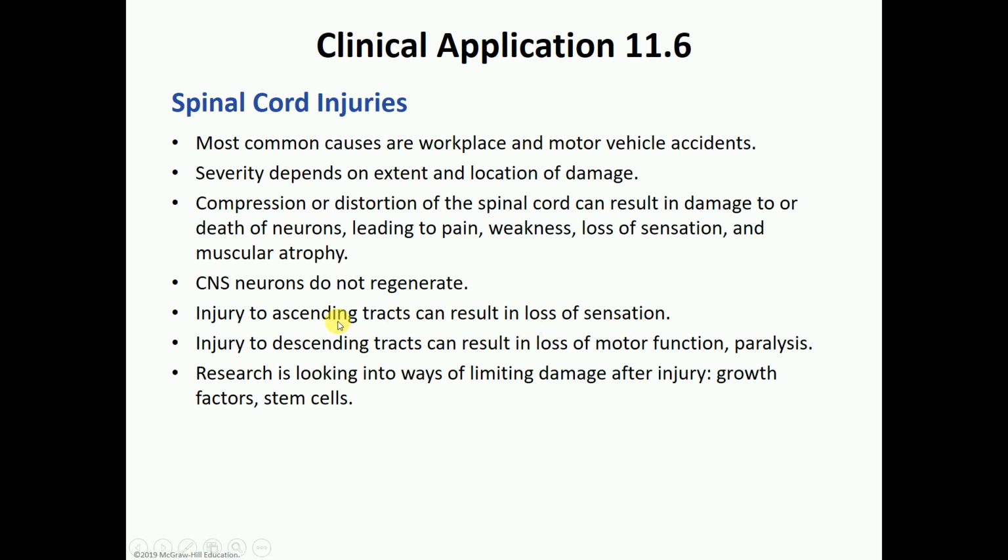An injury to a descending tract can lead to, obviously, loss of motor function and even paralysis. Research is looking into promoting the regeneration of CNS neurons, whether through growth factors or some stem cells, and it is gaining some success, but we're not there yet.